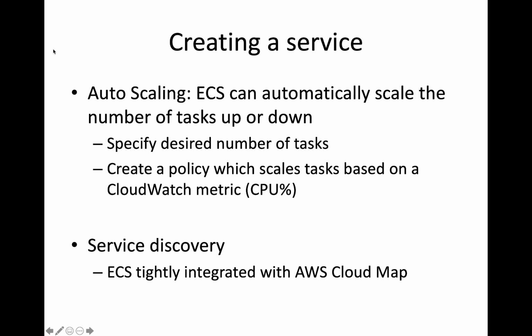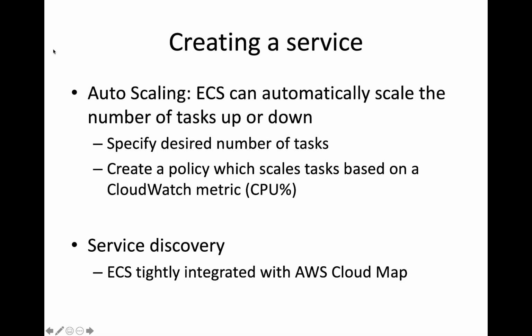We can leverage auto-scaling as well as part of the service. So the ECS service can automatically scale the number of containers that we're running in the cluster. That can scale our tasks up or down based upon a minimum number of desired tasks that we specify, or we can set up a policy based on CloudWatch metrics to automatically scale tasks.